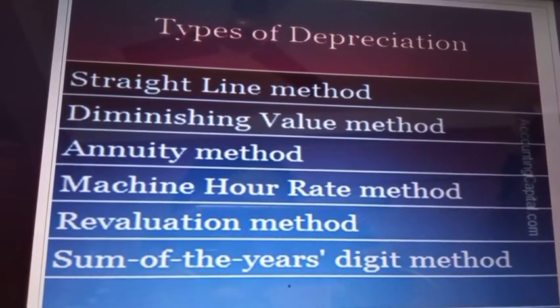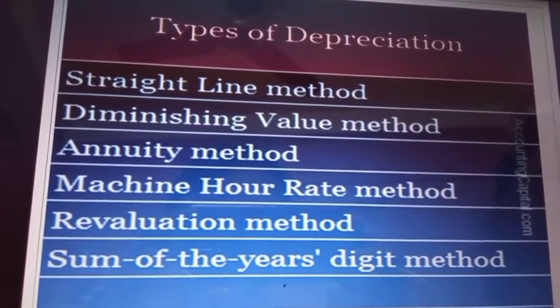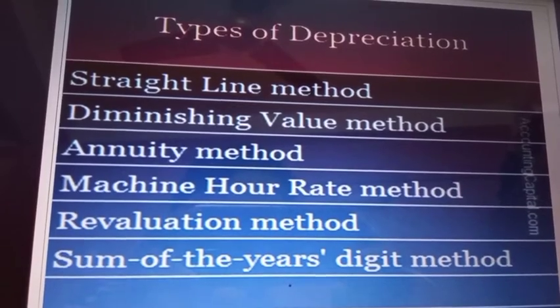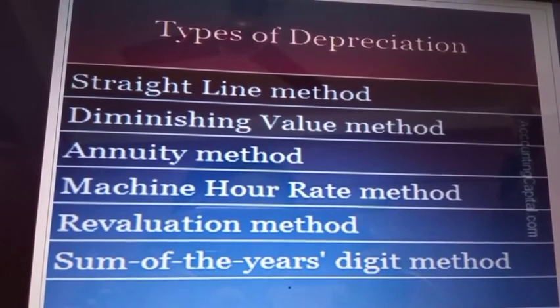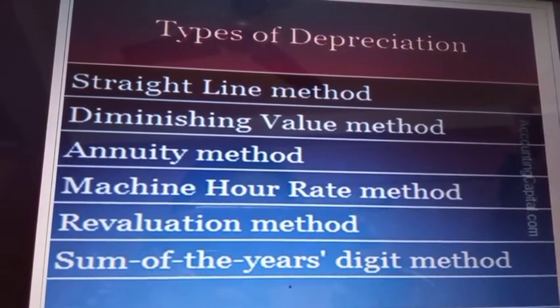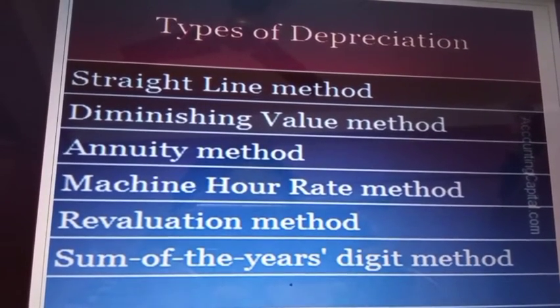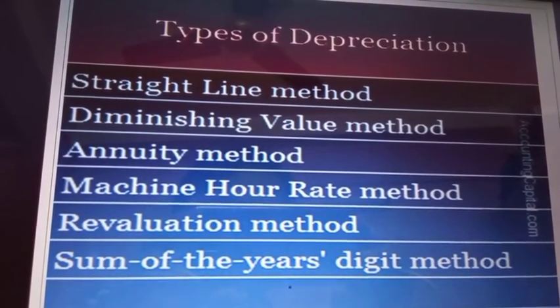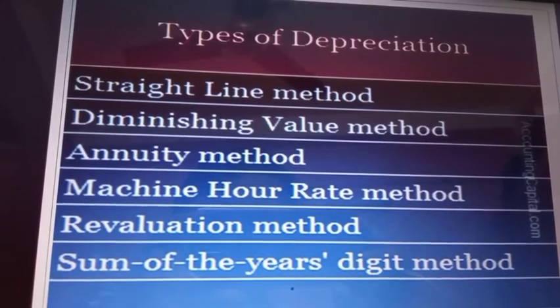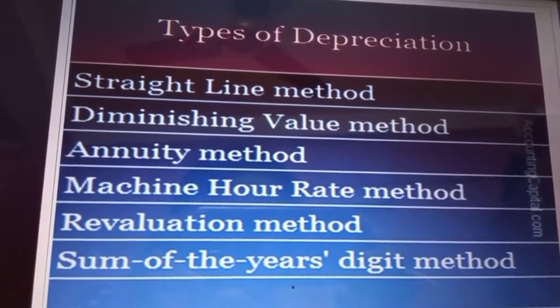Revaluation method means every year or at a certain period of time the assets or the depreciated assets are revalued. And sum of the years digit method is also one type of method for calculation of depreciation.